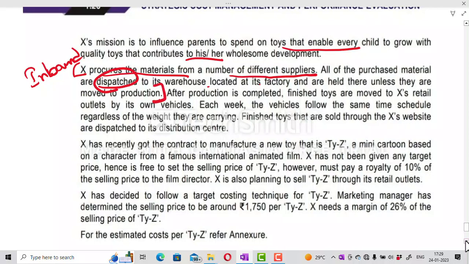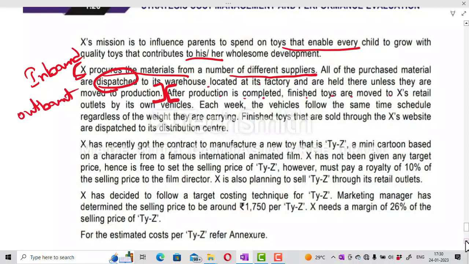Okay, this is all about inbound logistics. They are purchasing, storing, and moving to the production line whenever they are required. After production is completed, finished toys are moved to X retail outlets by its own vehicles. Okay, from here, they did not give anything about the production process. They directly gave about outbound logistics.